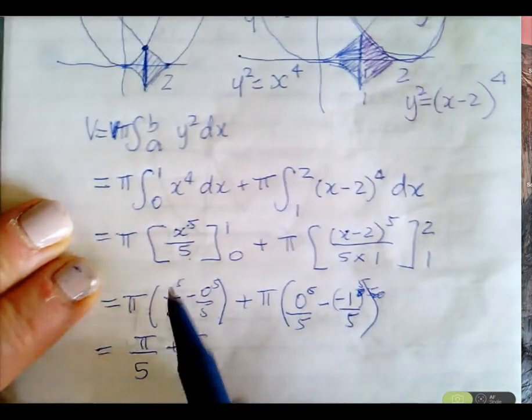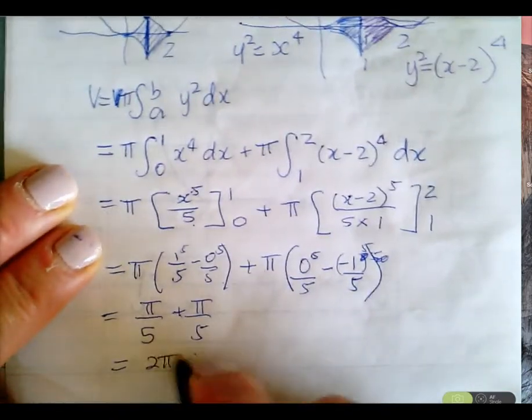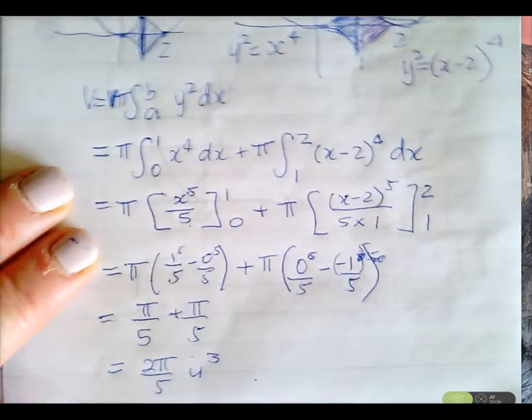And you end up with 1/5 pi plus 1/5 pi, which is 2 pi on 5 units cubed.